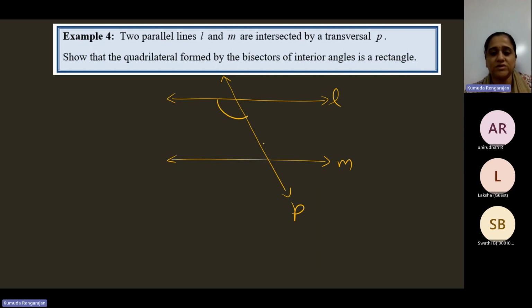So this angle is equal to this angle because L is parallel to M, P is a transversal. This angle is equal to this angle because L is parallel to M, P is a transversal. So their alternate angles are equal.